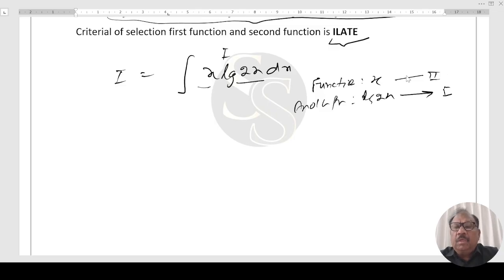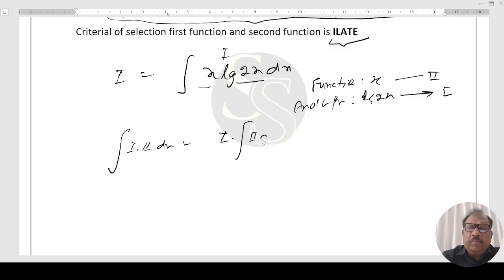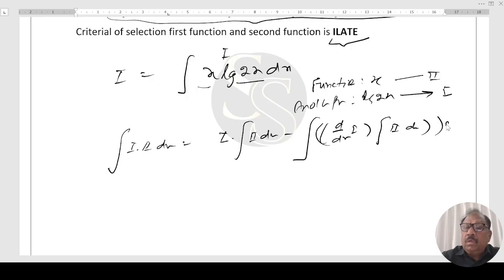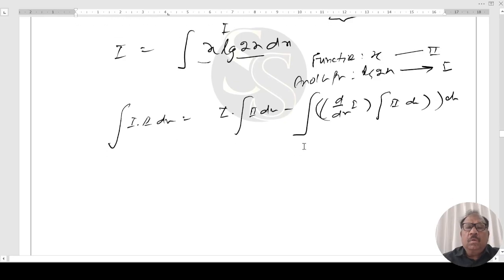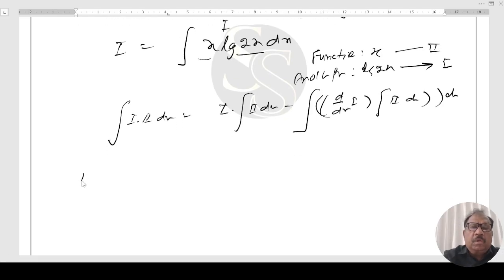This is logarithmic, this is algebraic. The formula is integration of first function into second function: first function, integration of second function, minus differentiation of first function, integration of second function, whole integration.